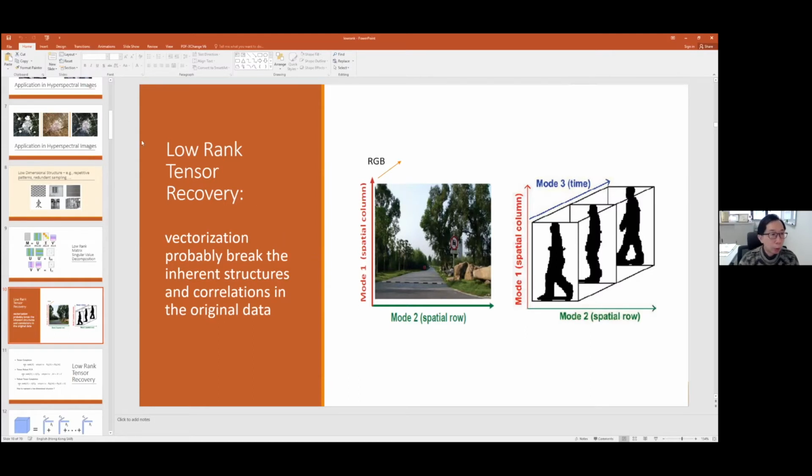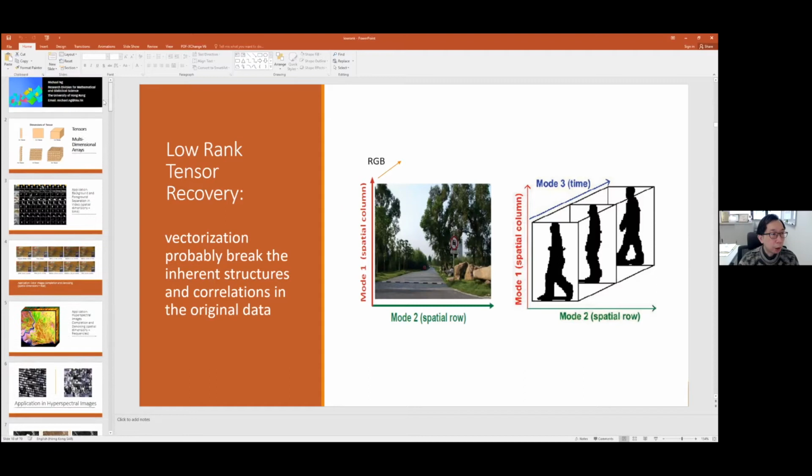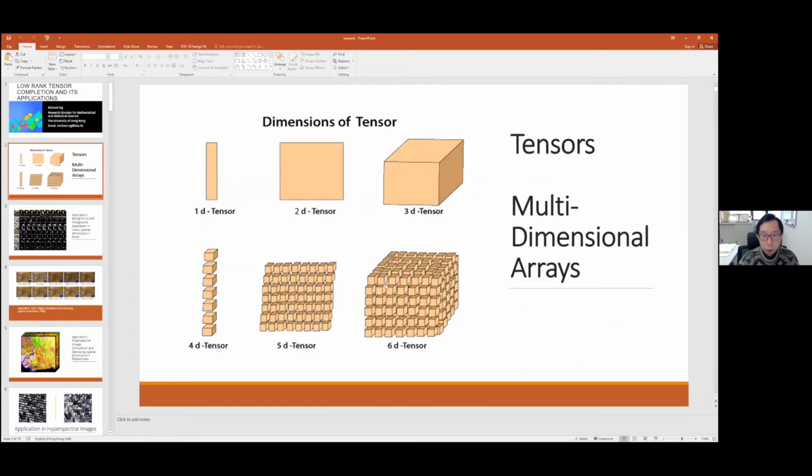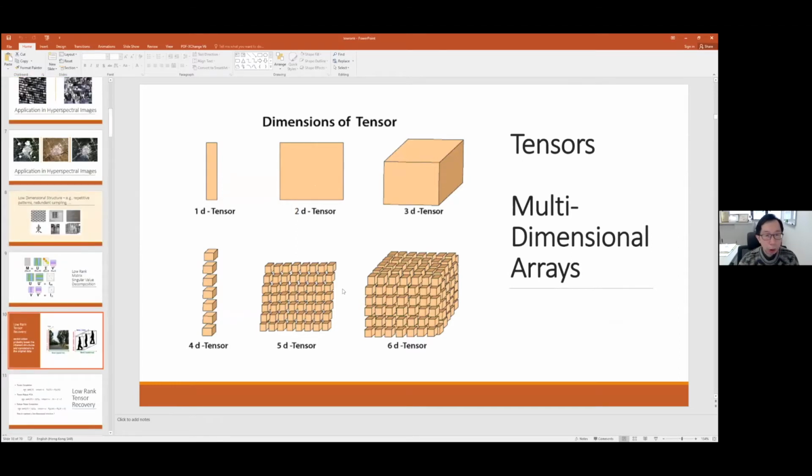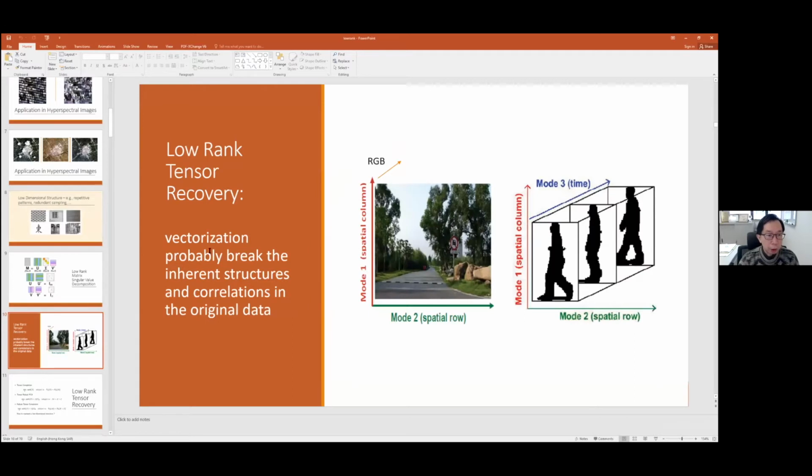Going back to this question, you have very high dimensional, very high order data, but you can always reduce it by so-called unfolding back to a lower order, like one dimensional or two dimensional. But if you do this, the vectorization or matricization will probably break the inherent structure.